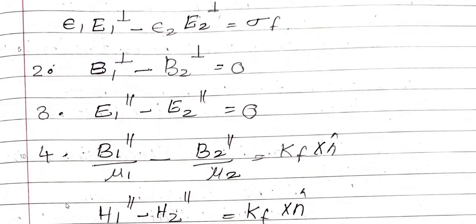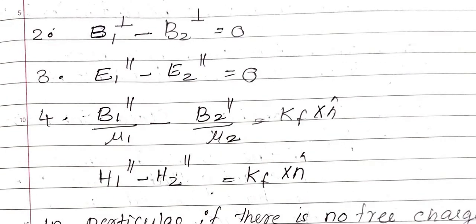And also H1 parallel minus H2 parallel is equal to Kf cross n. We know that H is B by mu, so B1 parallel by mu1 minus B2 parallel by mu2 is equal to Kf cross n.